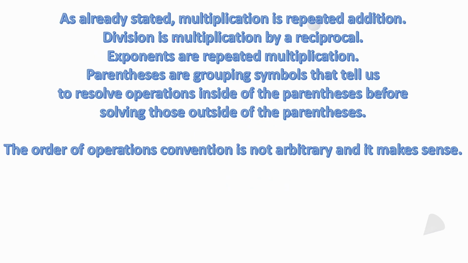So, as that's been stated probably in just about every video lately, multiplication is repeated addition. Division is multiplication by a reciprocal. Exponents are repeated multiplication. Parentheses are just grouping symbols that tell us to resolve all operations inside of the parentheses before solving those outside of the parentheses.